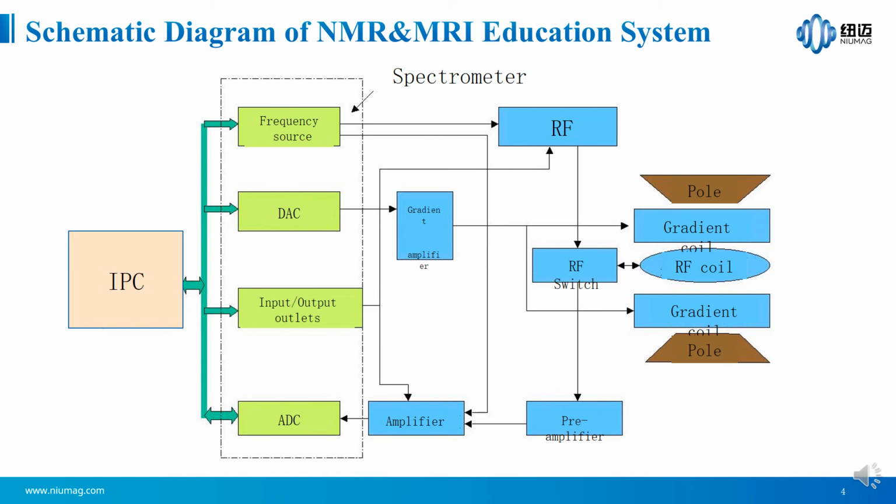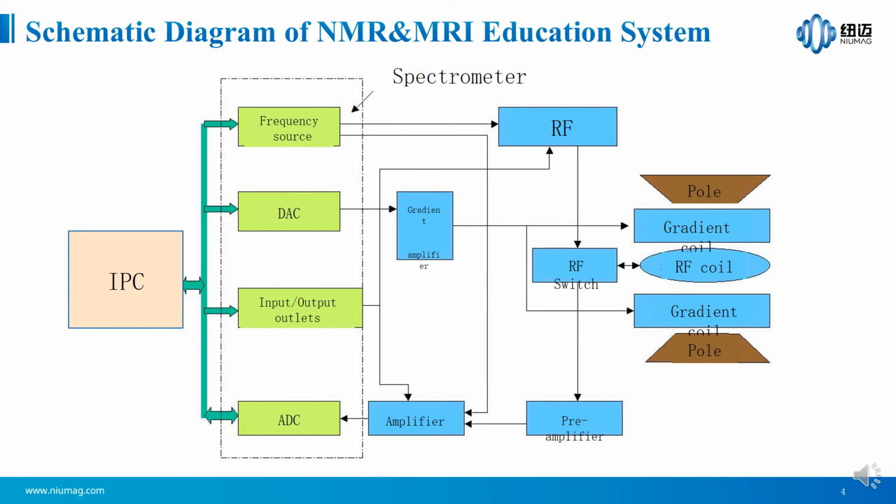Now, let's take a look at the workflow of the entire system. Let's say the magnet here is a half Tesla, and the Larmor frequency of the hydrogen nucleus in the sample corresponding to the half Tesla is 21 megahertz.